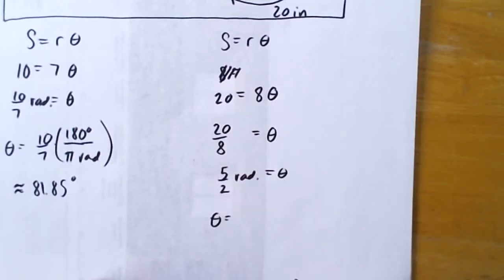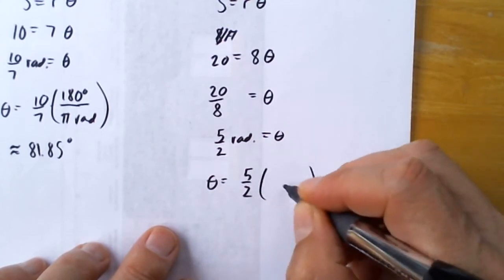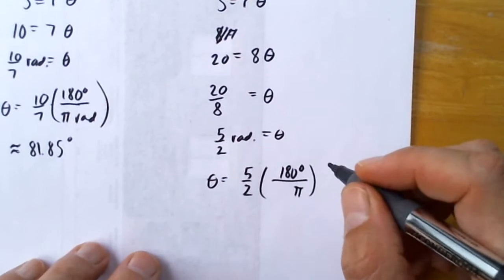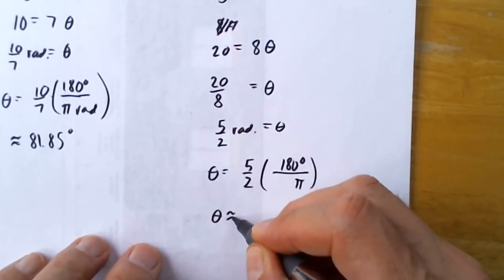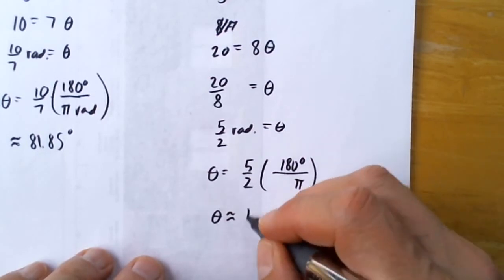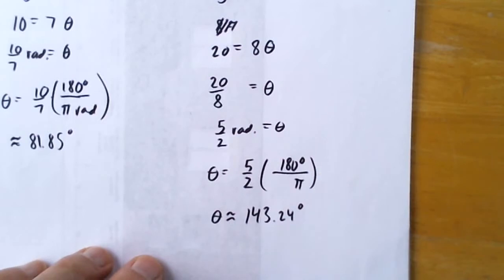And we could convert that to degrees. 5 over 2. We need to cancel the radians, multiplied by 180 over pi degrees. We get about 143.24 degrees.